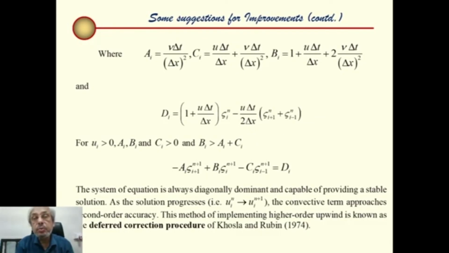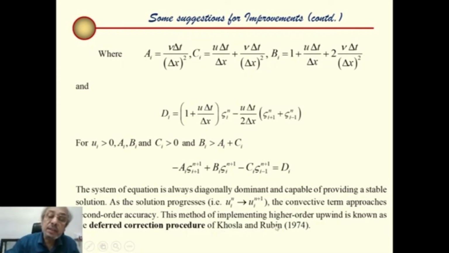We may have to do 2 iterations or 3 iterations, or even 1 iteration, but finally when we get the converged solution, we will get the artificial viscosity minimized. So that is what is called a deferred flux correction procedure, deferred correction method.